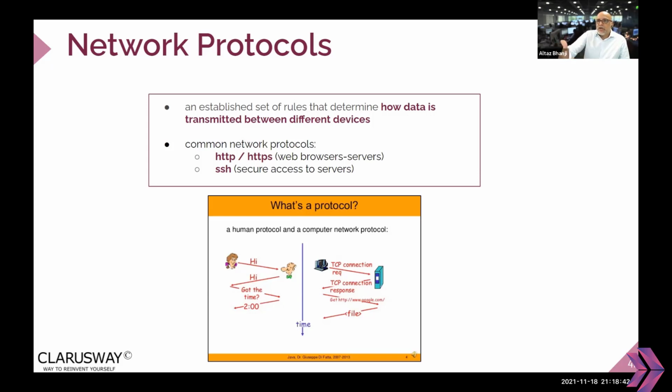Okay, give me your home page. Here's the results of my home page. It returns the home page. The browser knows how to interpret that and display it, and all of a sudden, you're looking at a pretty website. Okay, so HTTP, HTTPS are common network protocols.